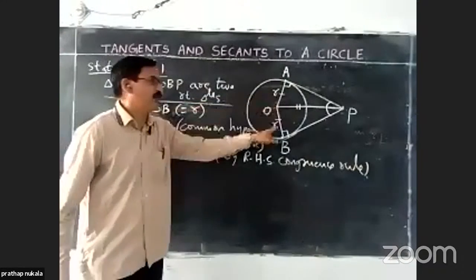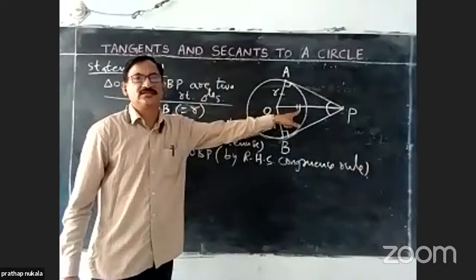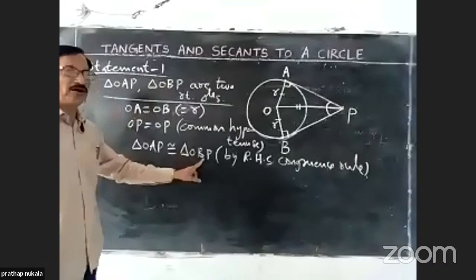A pair of sides are equal and their corresponding hypotenuses are equal, that's why these two are congruent triangles.